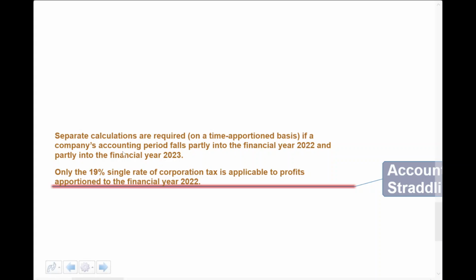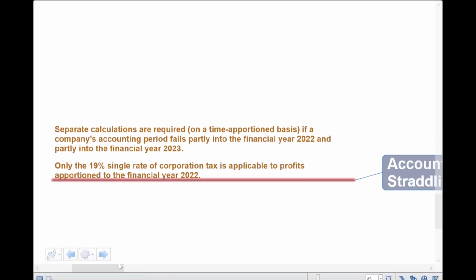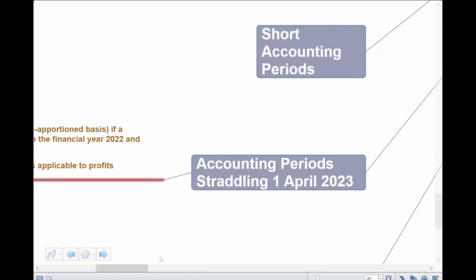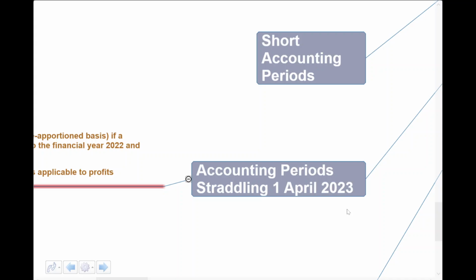But in our year, there are several possibilities. So if you have a chargeable accounting period that, let's say, goes back to January 23 and runs to December 2023, then you know that you've got 3 months that you must account for using the old rate and 9 months using the new rate, i.e. FA23.